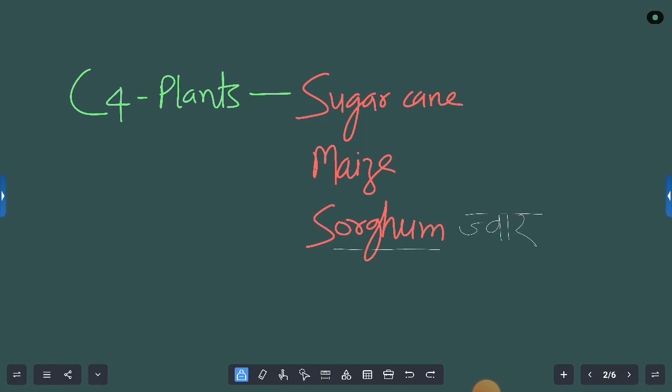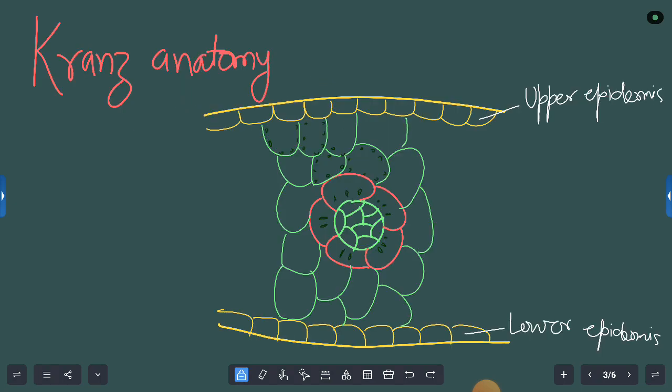In the C4 plants, a peculiar anatomy is found, which is known as Kranz anatomy. This is the vertical section of the leaf of a C4 plant, for example sugarcane or maize. In the anatomy of the leaf, as usual there is the upper epidermis and lower epidermis.